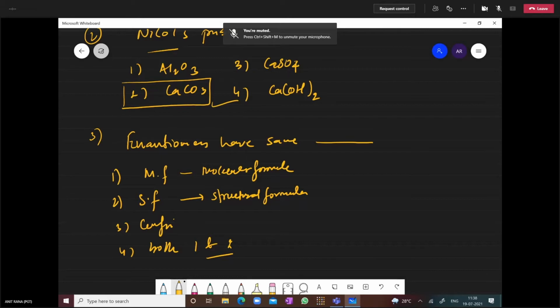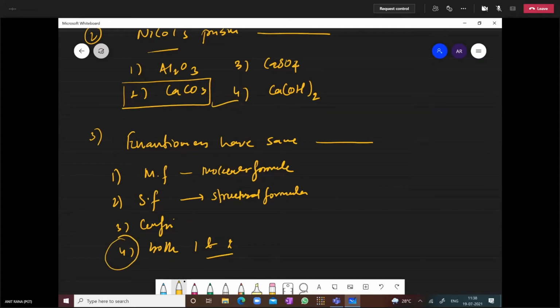All of you agree with molecular formula? Anyone different answer? So is it both molecular and structural formula? Yes, beta, that's the right option.